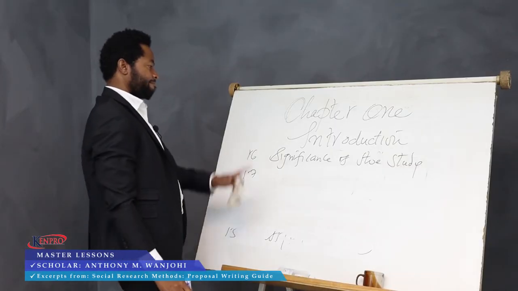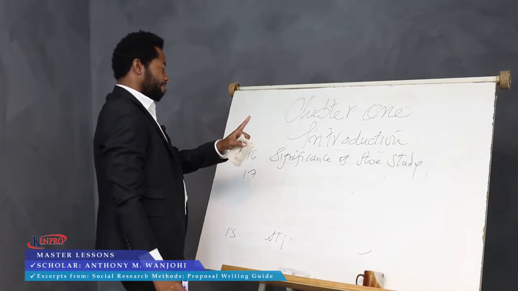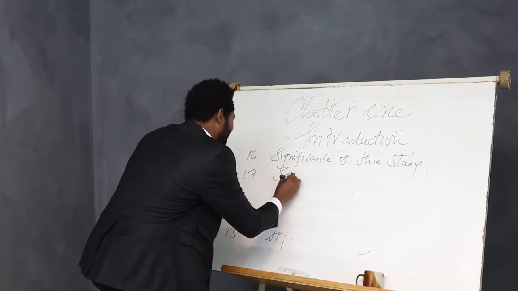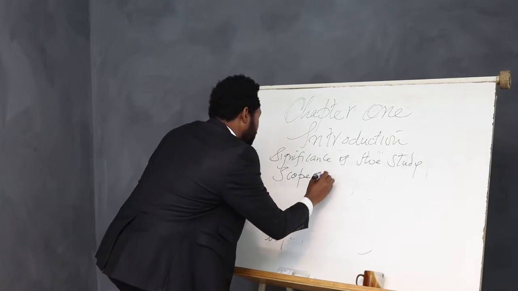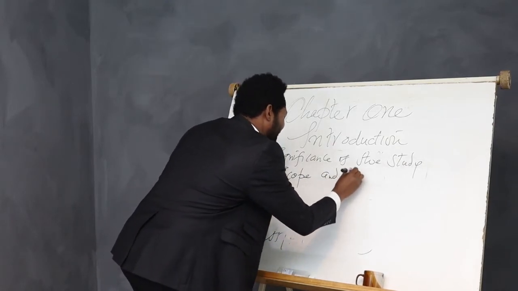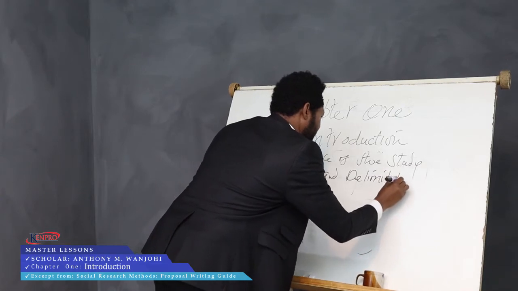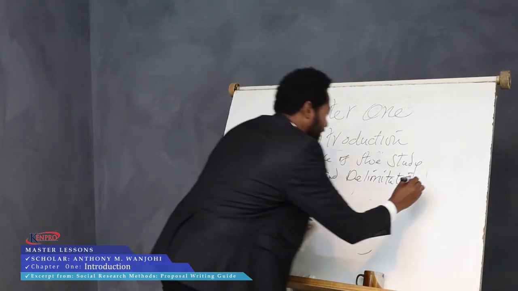1.7 Scope and delimitation of the study. I'll be explaining this delimitation.